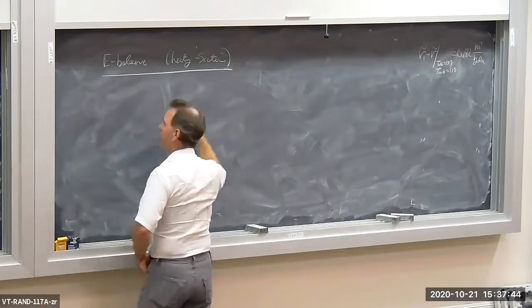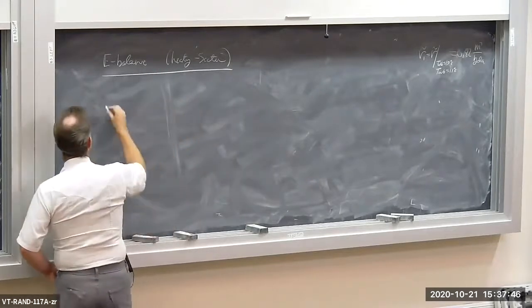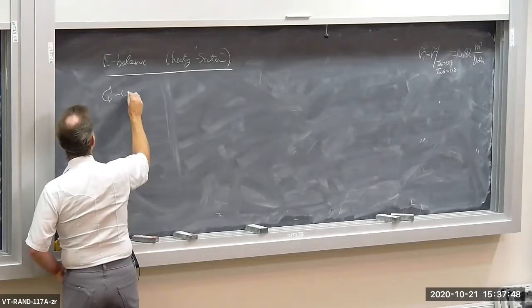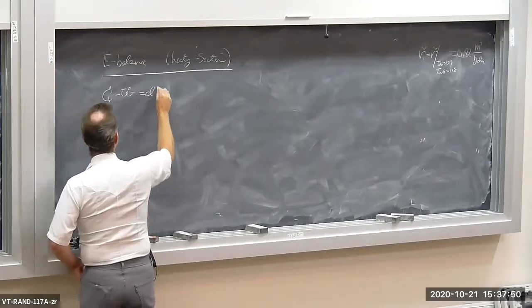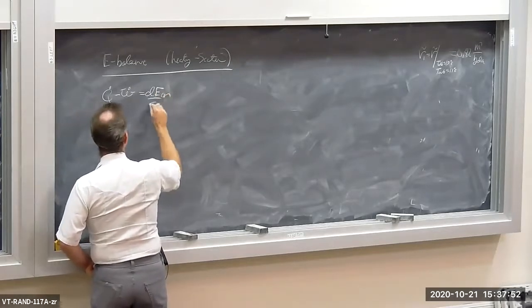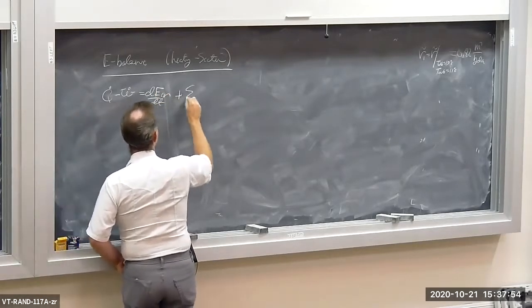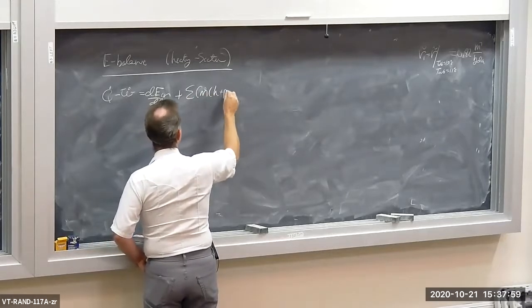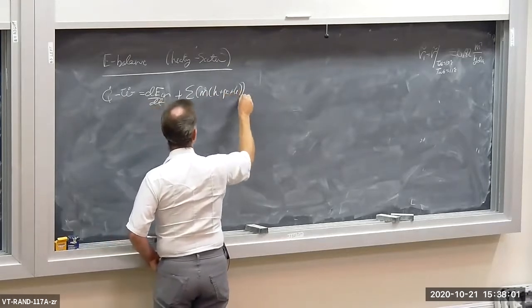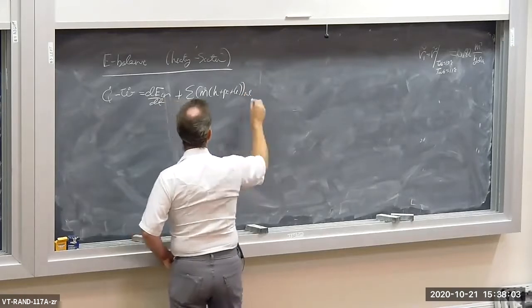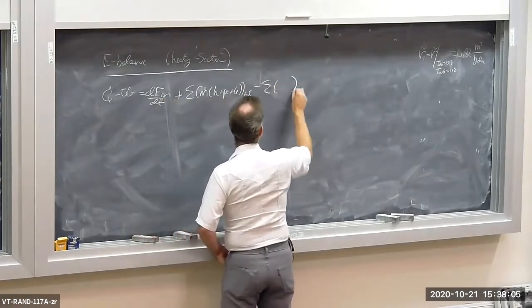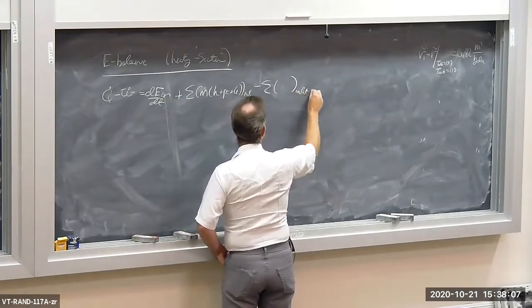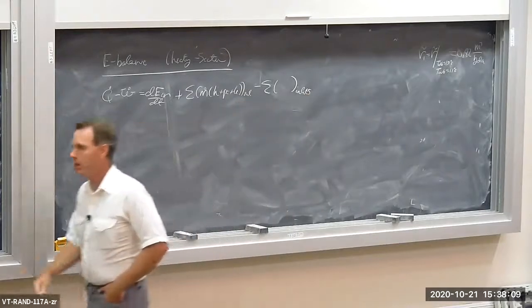We're going to have to apply some mass balances too, but we'll do that in a minute. Let's see here. Q dot minus W dot is equal to dE_CV dt plus the sum of m dot (H plus PE plus KE) summed over all outlets minus the same thing summed over all inlets, okay?